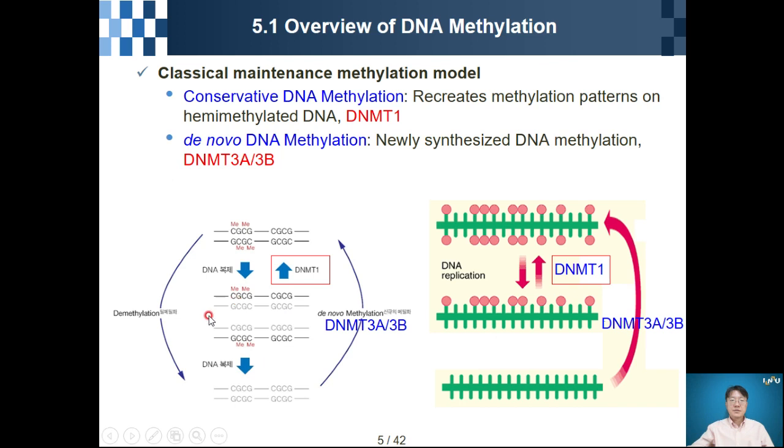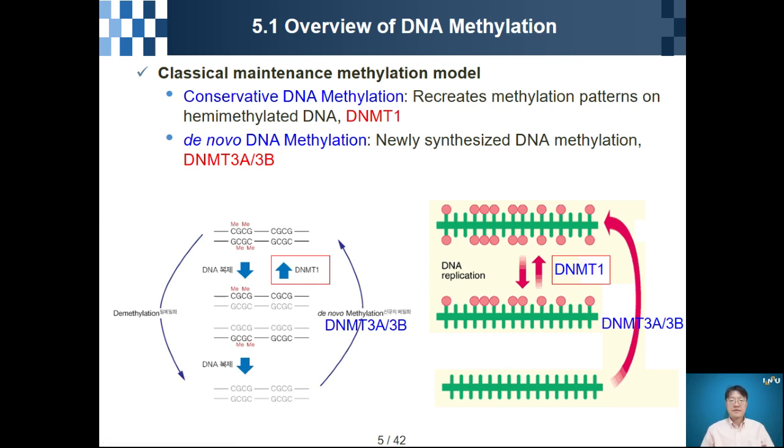This is the hemimethylated DNA, and DNMT1 recreates the methylation pattern on it. We call this conservative DNA methylation.